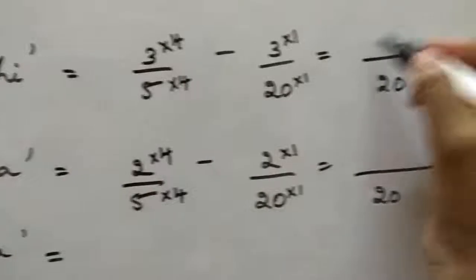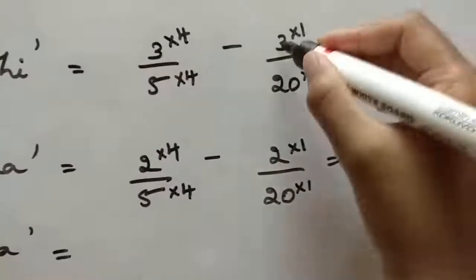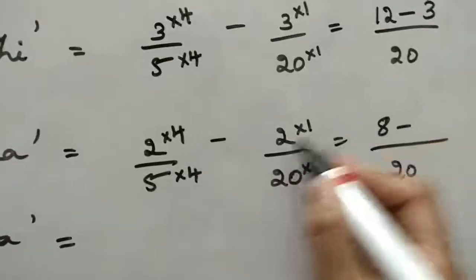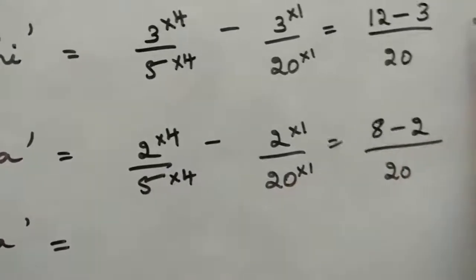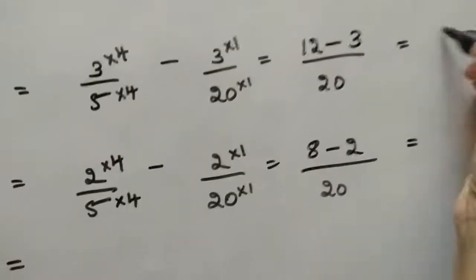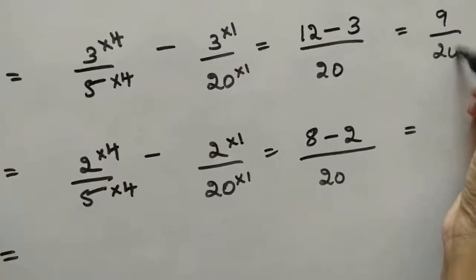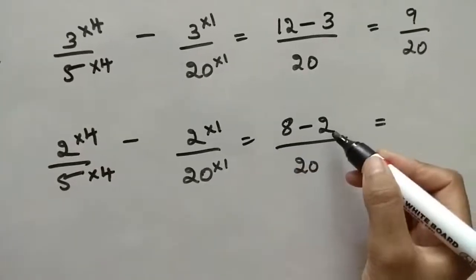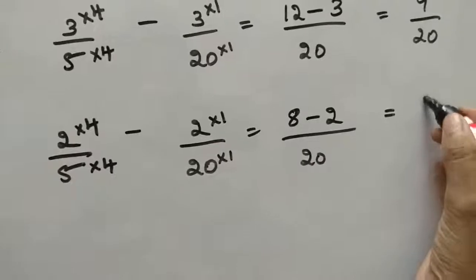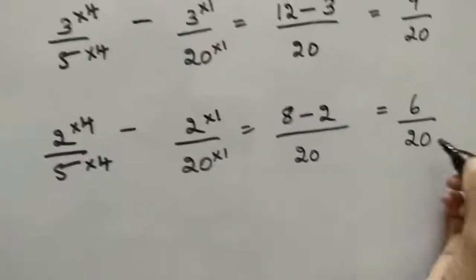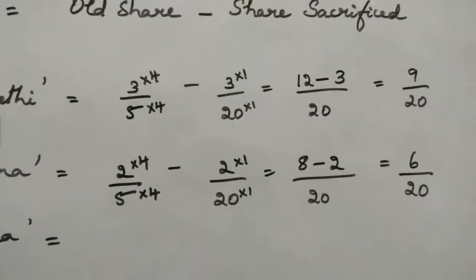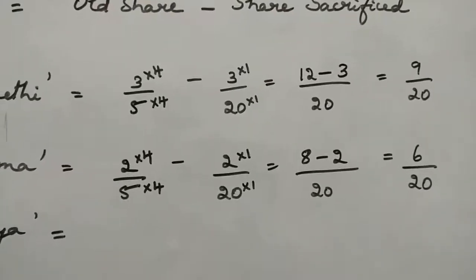Now 3 fours are 12 minus 3 ones are 3. 2 fours are 8 minus 2 ones are 2. So we get 12 minus 3 gives us 9 by 20, and 8 minus 2 gives us 6 by 20. Just observe, 9 by 20 and 6 by 20.